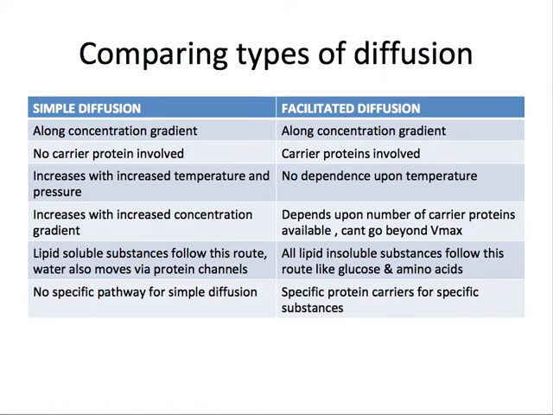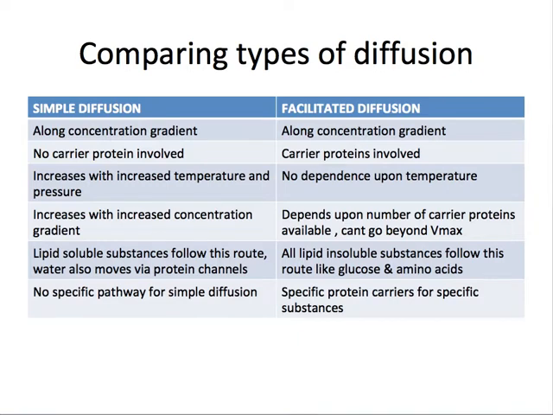But no carrier protein is involved in simple diffusion. And the rate of simple diffusion can also be influenced by a change in temperature and pressure. But facilitated diffusion rarely depends on temperature change.